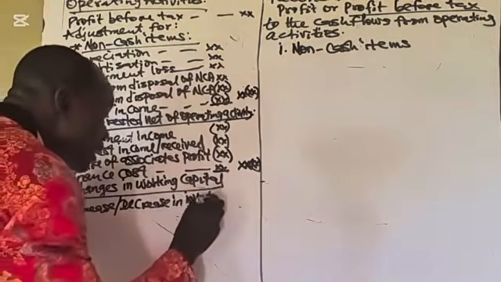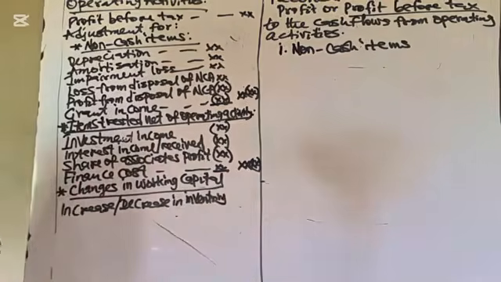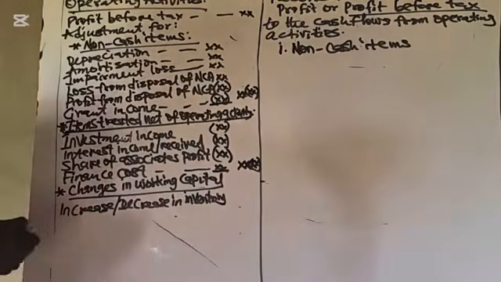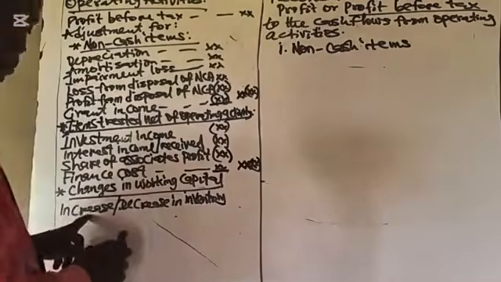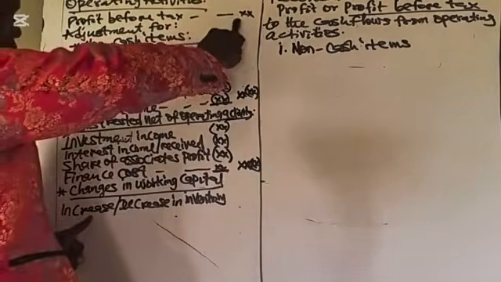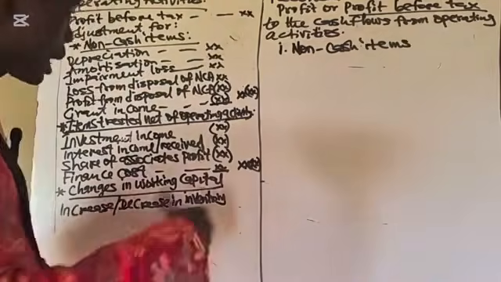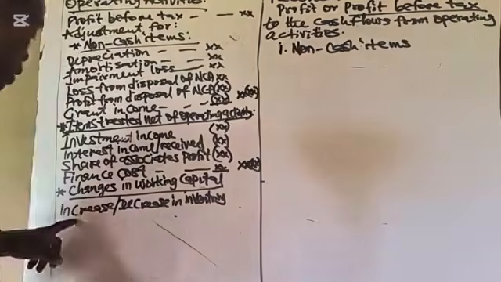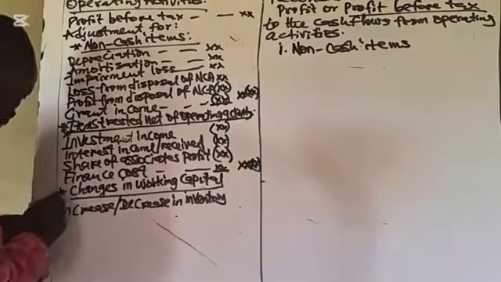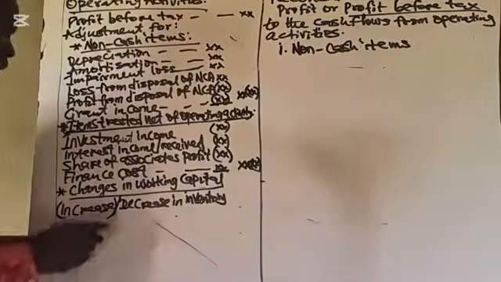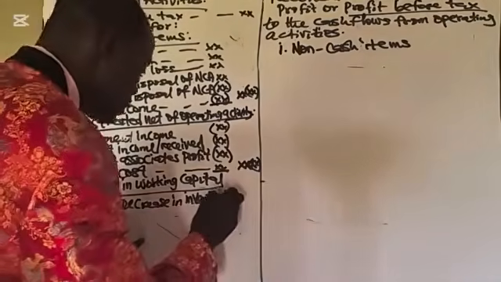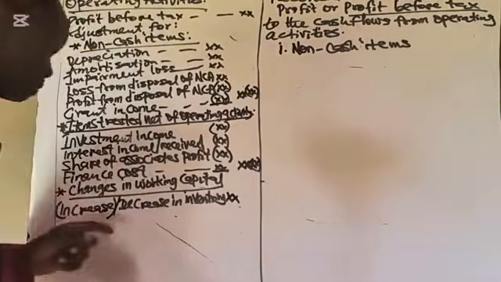Inventory is part of your current asset. Increase. Now, where your asset increases, profit will increase. Increase in asset means increase in profit. To neutralize the impact of that, you subtract. Increase in asset, you minus. While decrease in asset should be added. Take note of that. It could be plus, it could be minus.